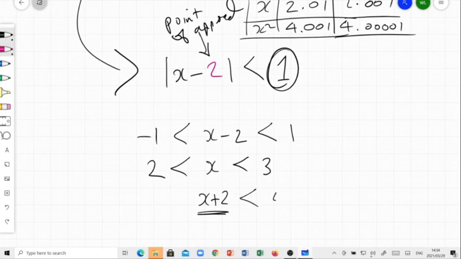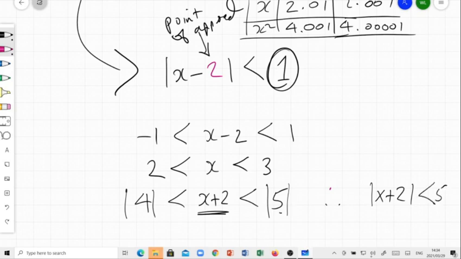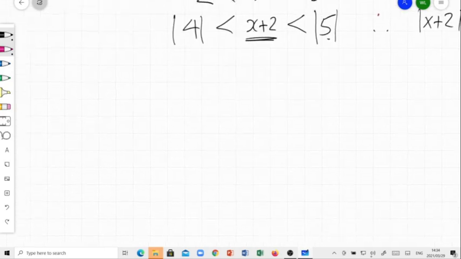X plus 2 is between 5 and 4. So I can conclude the biggest numerical value x plus 2 will ever grow to, choosing between absolute value 5 and absolute value 4, is 5. So that guy is smaller than 5.